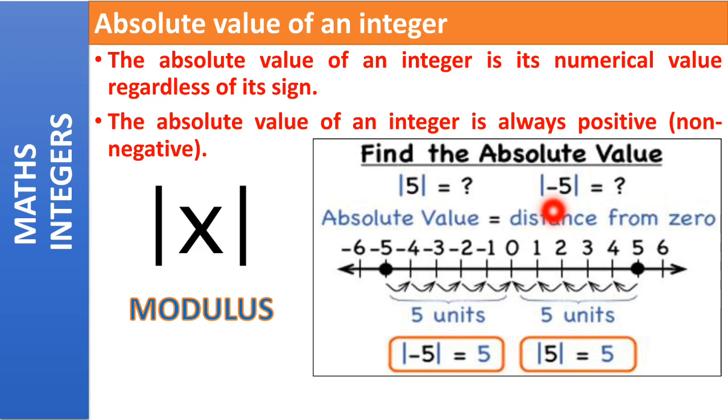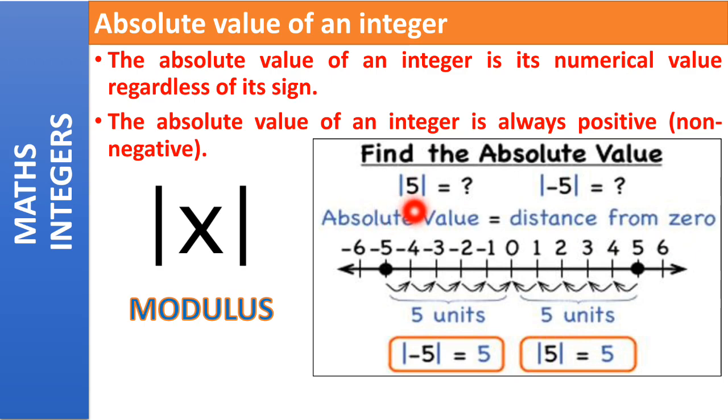It is like a little magic trick which is done on the negative numbers, and the answer we get is a non-negative number. We've put a negative number inside the modulus, but the answer we get is a non-negative number. Absolute value is nothing but the distance from 0. What is the absolute value? Absolute value is nothing but distance from 0.